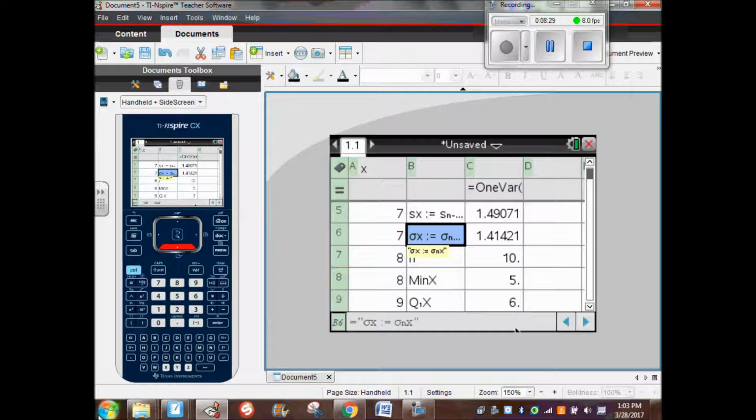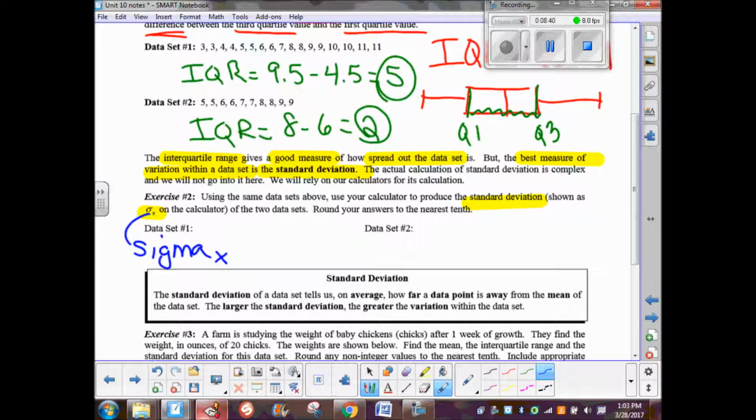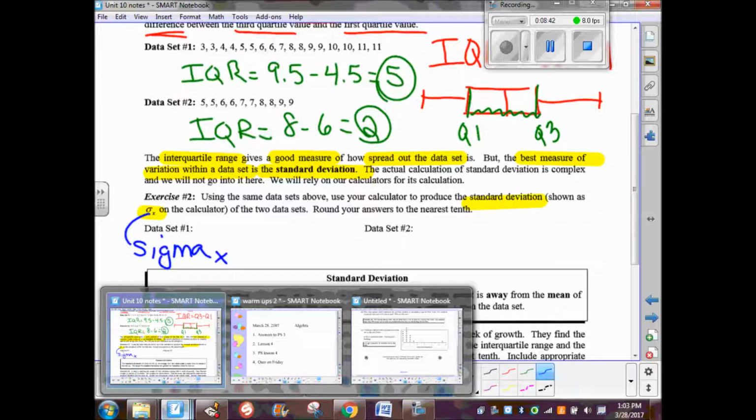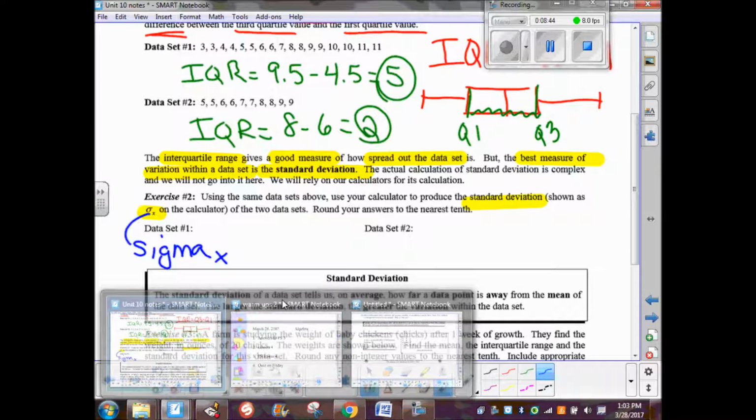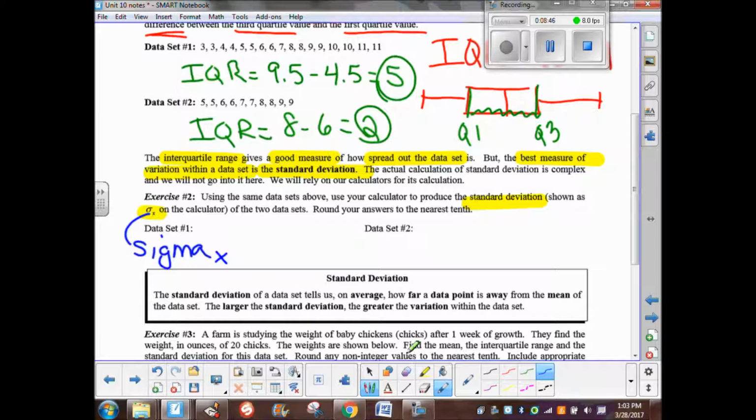What did they ask us to round to? To the nearest tenth. So what did we get for that one? 1.4. Yep. So the standard deviation for data set 2 is 1.4.